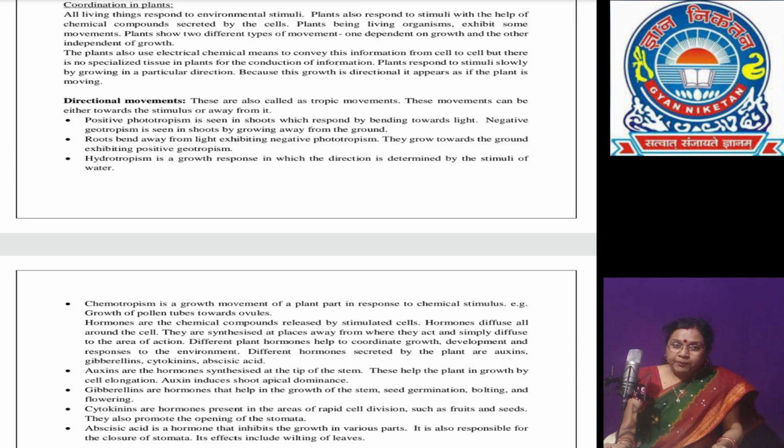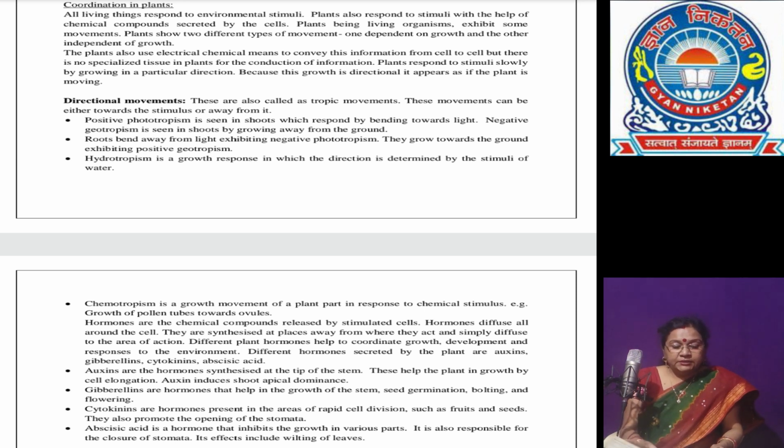So, in plants, certain specific, naturally occurring chemical substances are synthesized in the root part and shoot parts of the plant, which bring about control and coordination of various activities in them. And they are known as plant growth regulators or phytohormones or plant hormones.